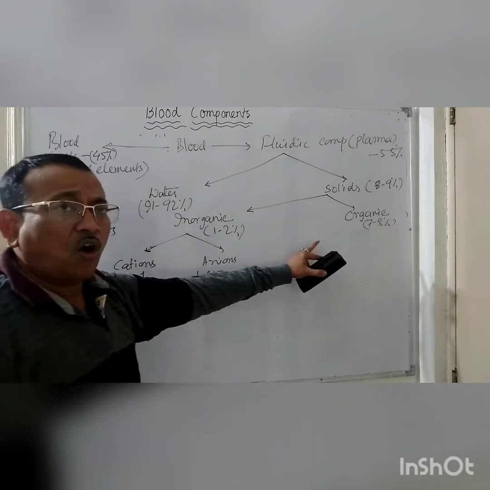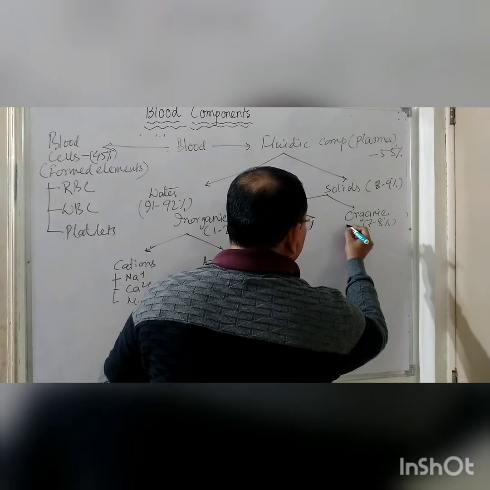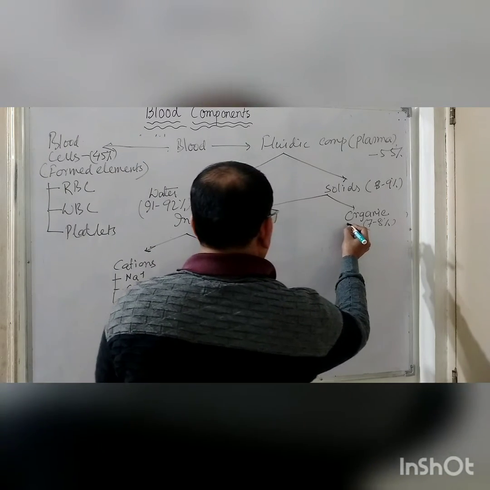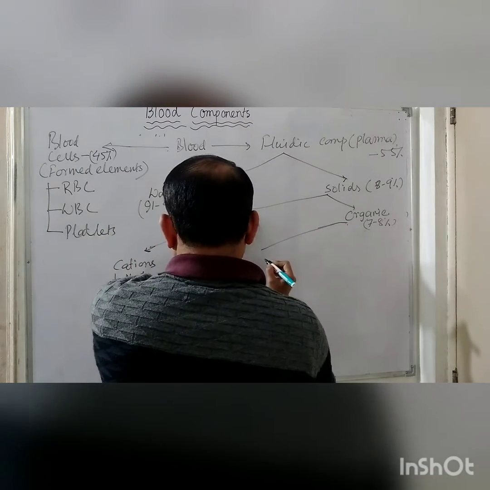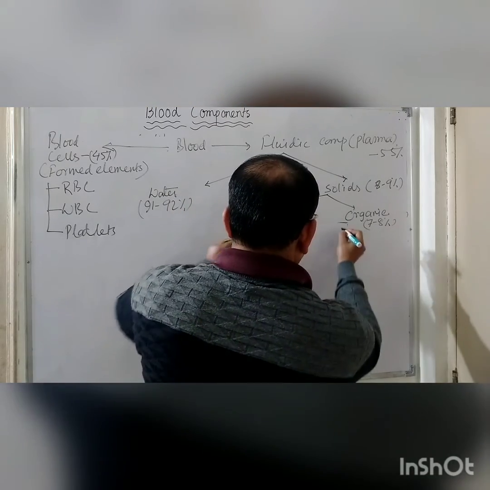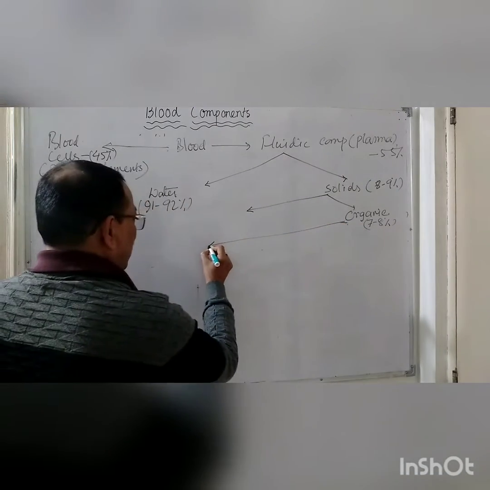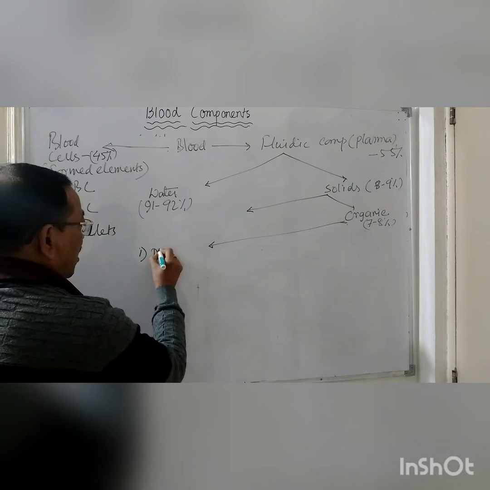Now, about the organic substances. Organic substances are again of different categories. So first one I'll talk about is the plasma proteins.